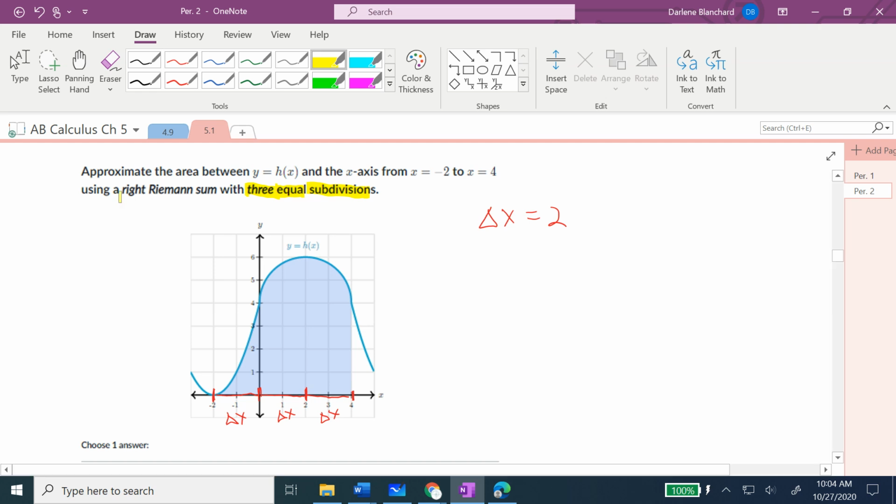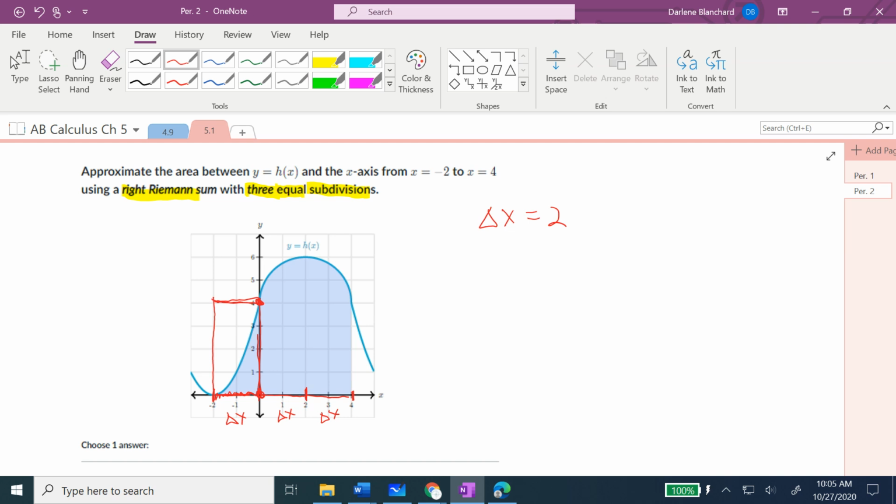And then we want to use the right Riemann sum. So that means that for subinterval number 1, I am going to use x equals 0, the rightmost x coordinate of that subinterval. I'm going to plug it into the function. And then I'm going to call that a rectangle from x equals -2 to 0. And if you look at that, you might be wondering, why would you approximate area like that?